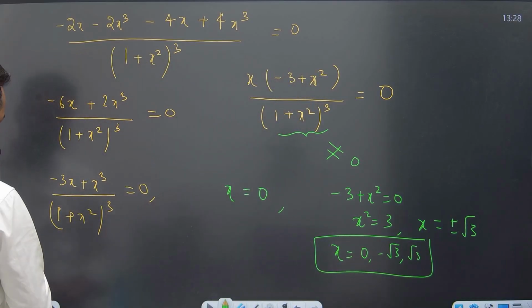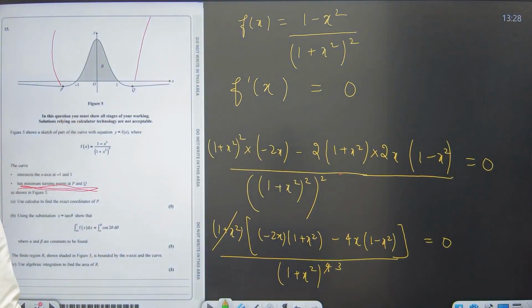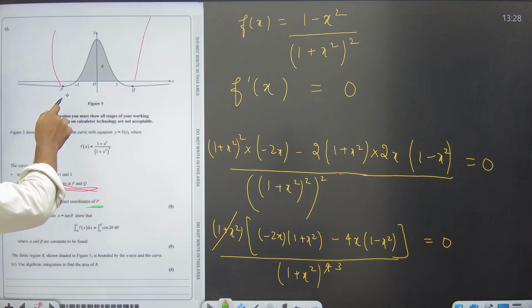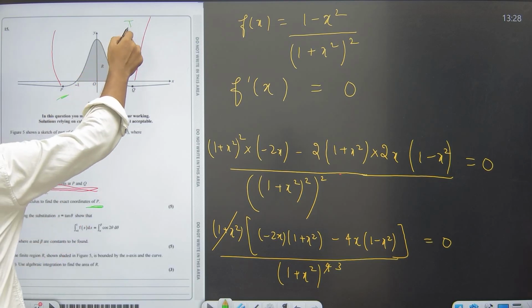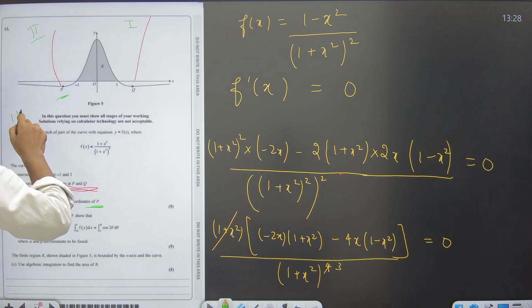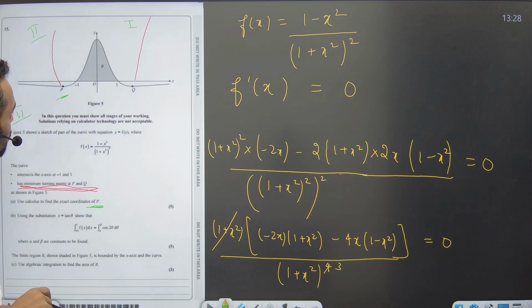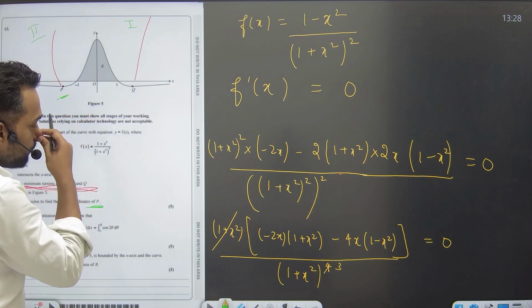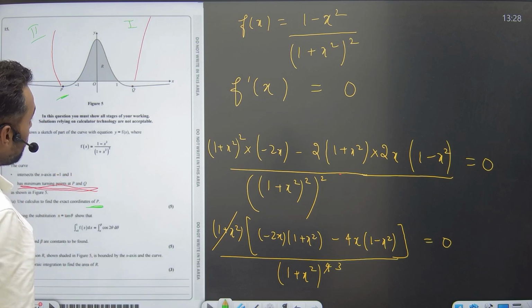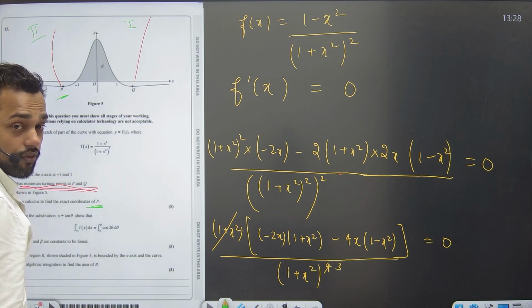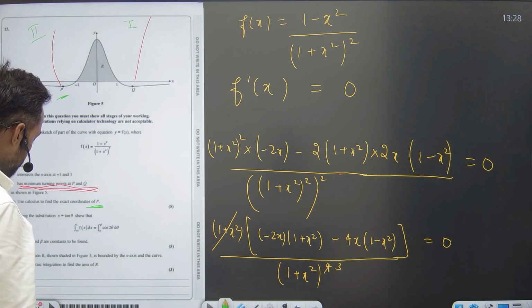Now in the question they have asked for the coordinates of P. So P, we can say, will lie in the third quadrant. So the value of x which we will be considering here will be negative, because the x coordinate is negative in the third quadrant.